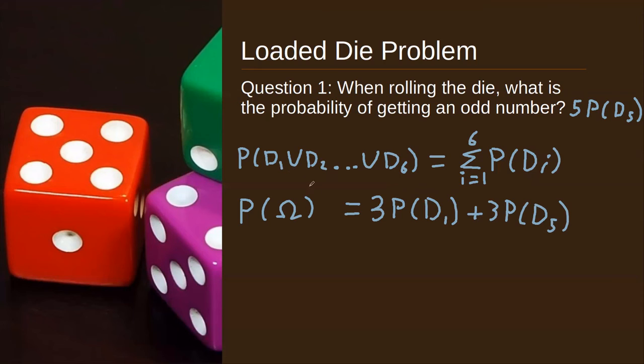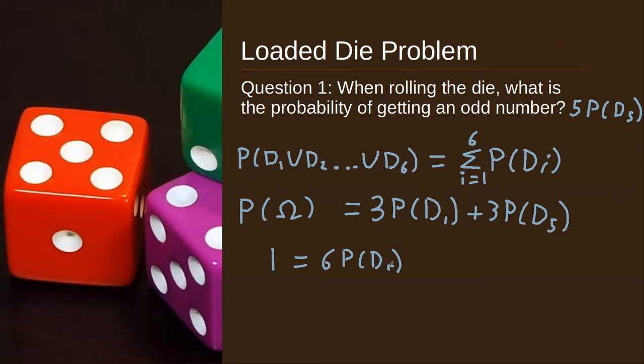Okay. And now by Kolmogorov's second axiom, we know that this left-hand side is just 1, because you're guaranteed to get one outcome in the sample space. And on the right-hand side, we can once again leverage the properties of this loaded die. In particular, that rolling a 1 is twice as likely as rolling a 5. So this is equal to 6 times the probability of d1.